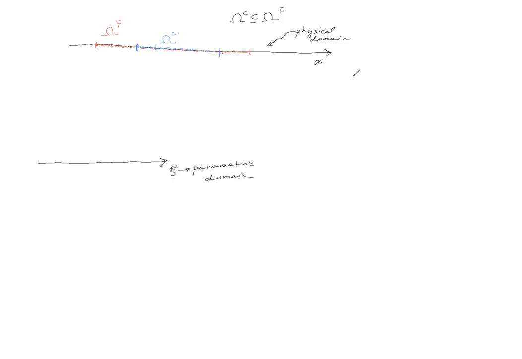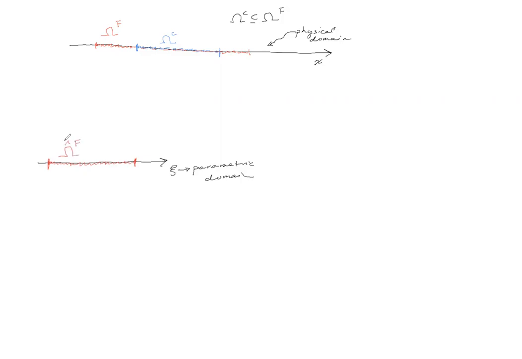And what we're going to do is create the parametric representation of our flex domain. And we're going to call this guy omega hat F.